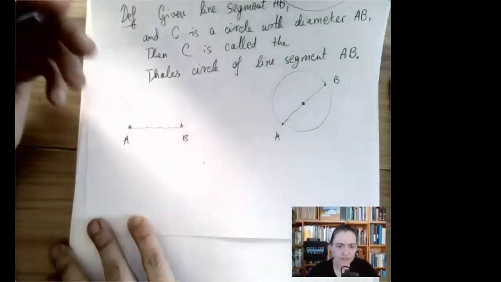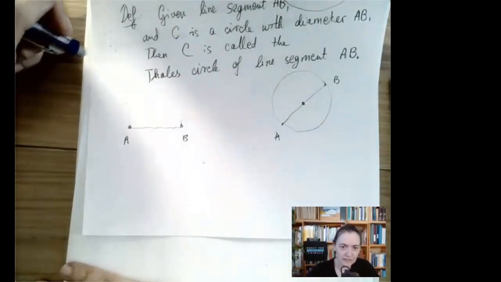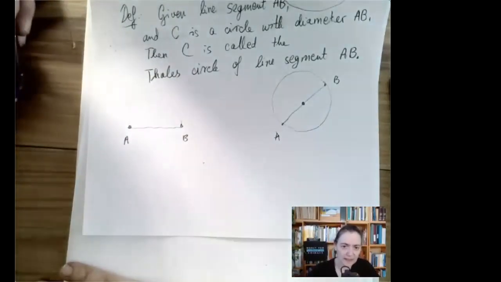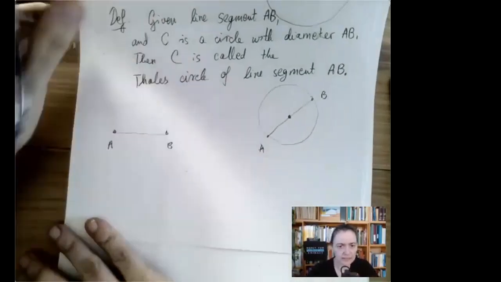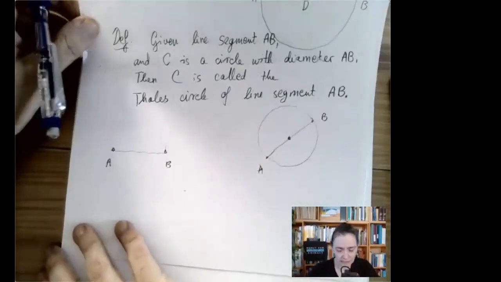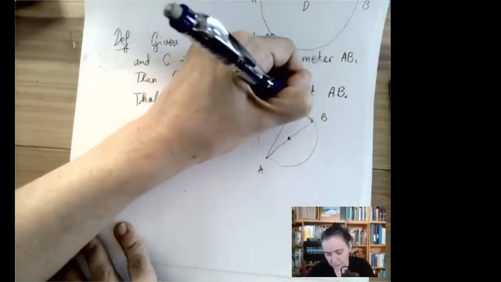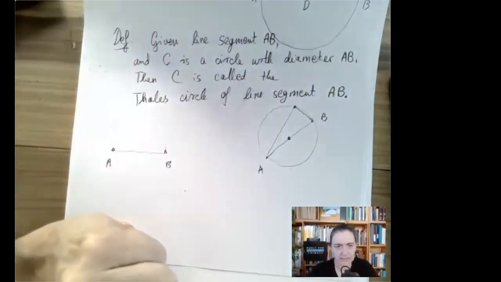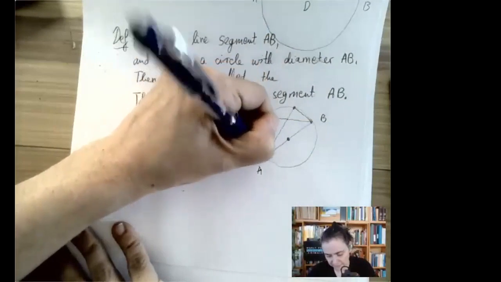Where are those third points that if we connect them with A and B, there is a right angle at that point? And the answer to that question is they are all on the Thales circle. So you take the Thales circle and you take any other points than A and B, and what you're going to generate is a right triangle with AB being the hypotenuse. It's a pretty amazing fact.